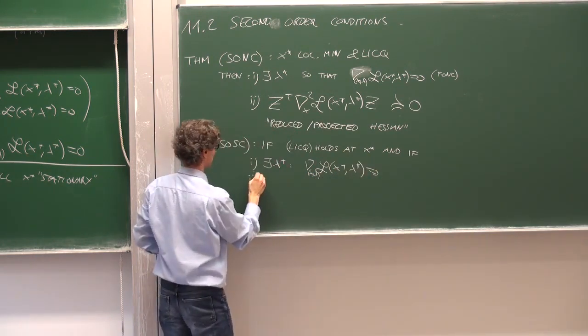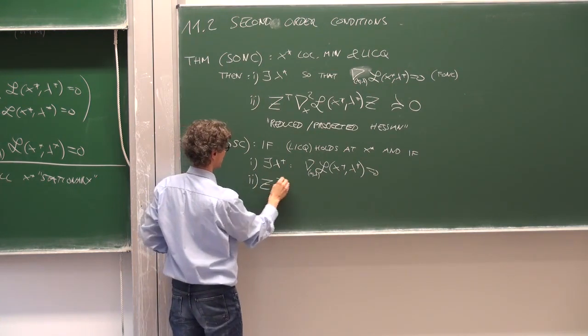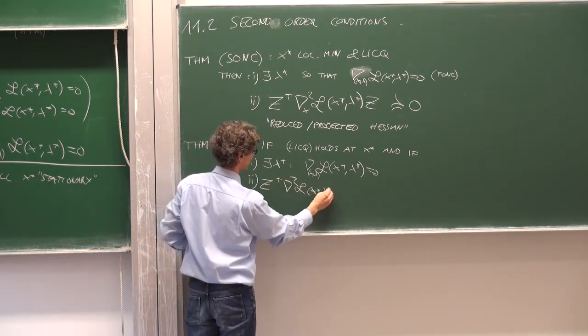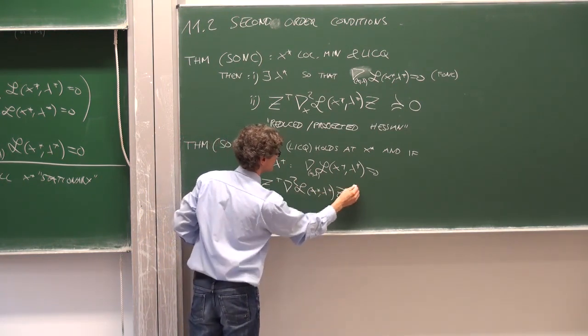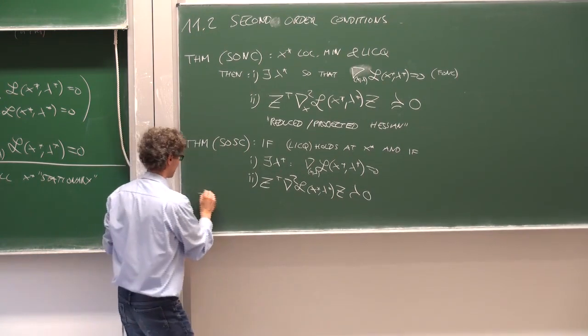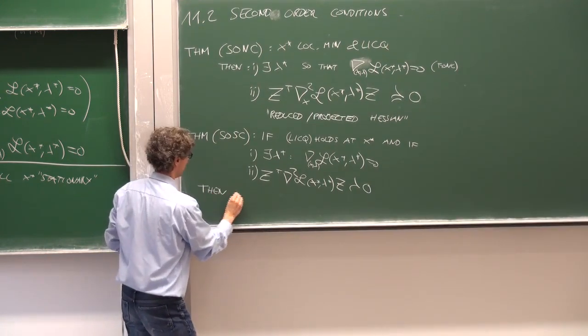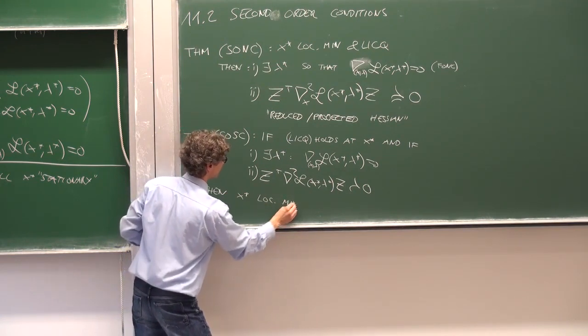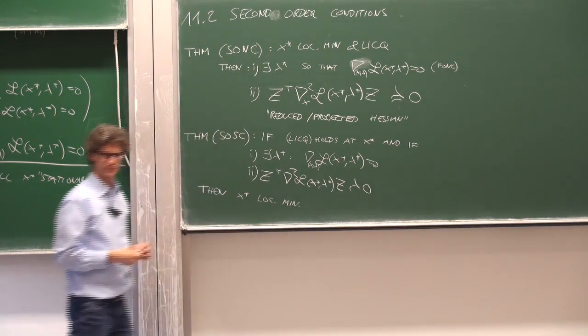And second, there holds this condition that z transpose, the second derivative of the Lagrangian at x star and lambda star, times z is strictly positive definite, then x star is a local minimizer, or minimum point.